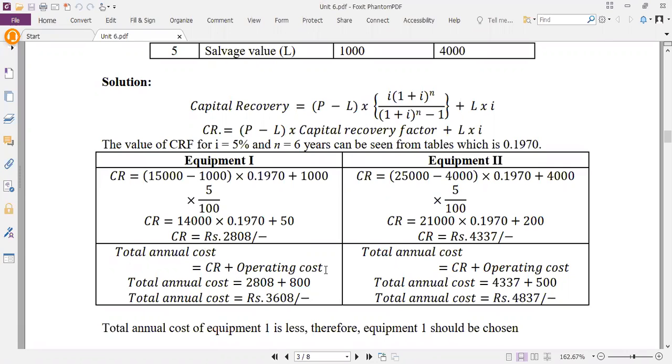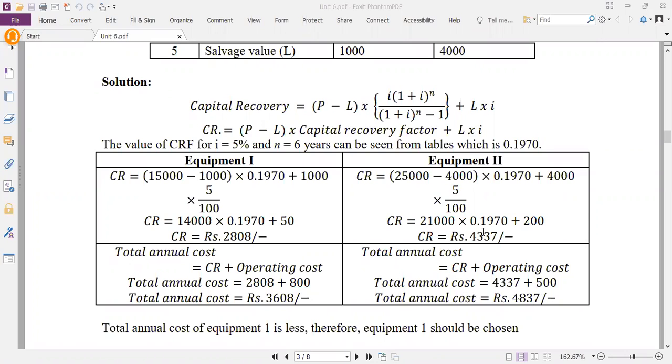The operating cost is already given to us: 800 rupees for equipment 1 and 500 rupees for equipment 2. If you put these into the formula, the total annual cost of equipment number 1 is 3608, and the total cost of equipment number 2 is 4337 plus 500, which is equal to 4837.